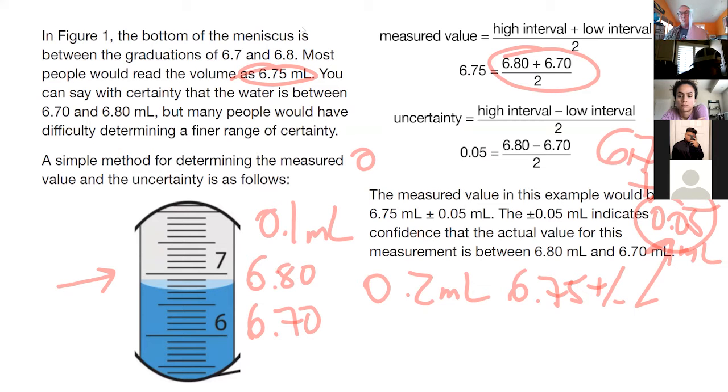So we could get an even more accurate value. And in fact, if we want to measure something more accurately, we wouldn't use this. We would use something else in order to measure that volume. But most of the time, for our purposes, plus or minus 0.5 mils is close enough. That's going to be more than accurate enough for most of the experiments that we're going to be doing.